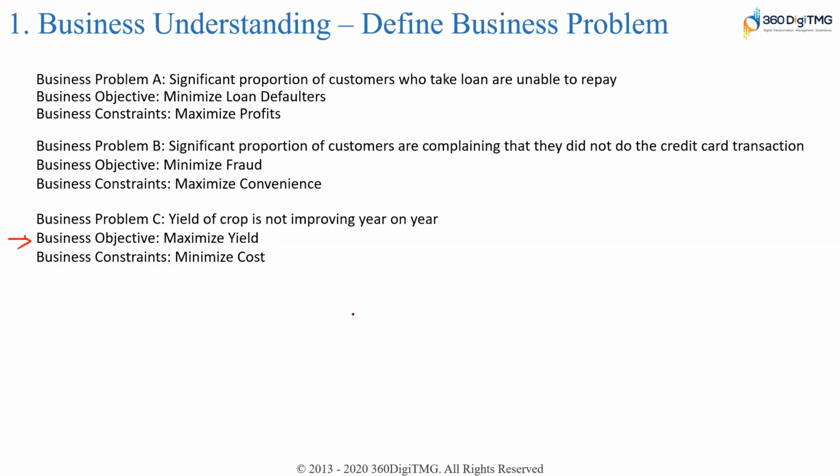Because in order to maximize the yield, you might say, okay, let me fly drones on top of the crop and let me identify or capture data such as intra-plant distance. If you have a plant here, how far is each plant from the other plants? Intra-plant distance, right?